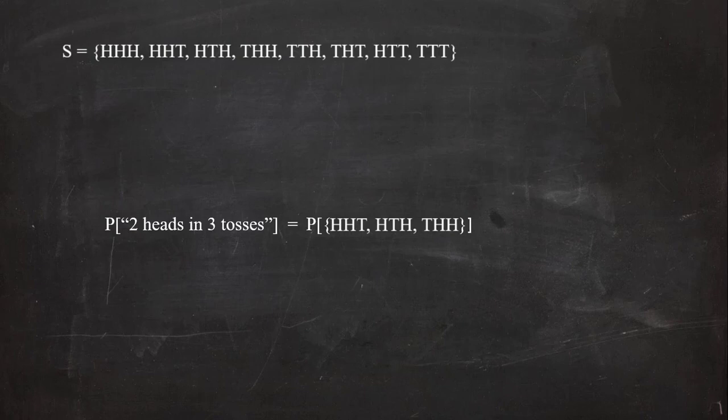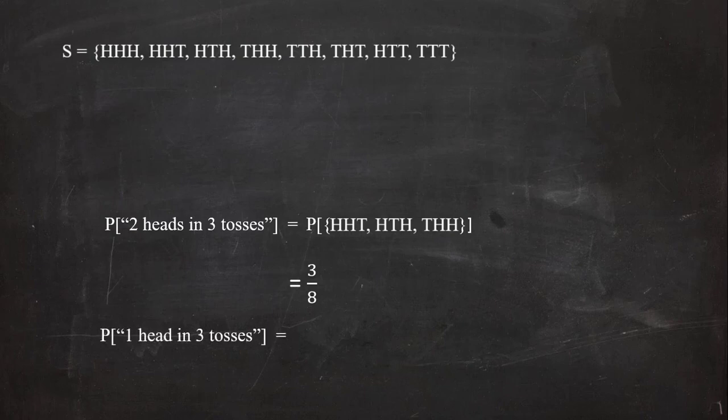As we know, all the elements or events in the sample space are equiprobable. So again, using the formula, the number of elements in this event divided by the total number of elements in the sample space, we get the probability 3 by 8, because the number of elements here is 3 and the total number of elements is 8.